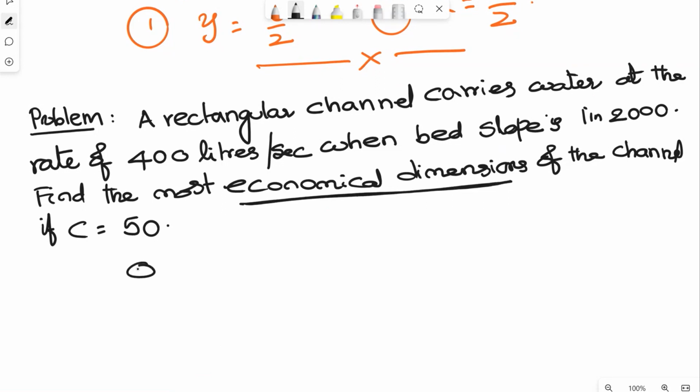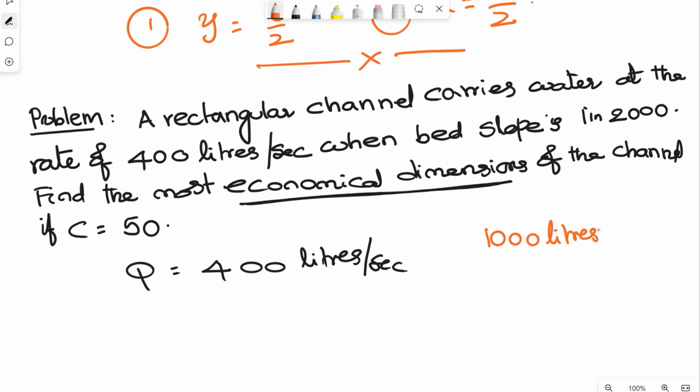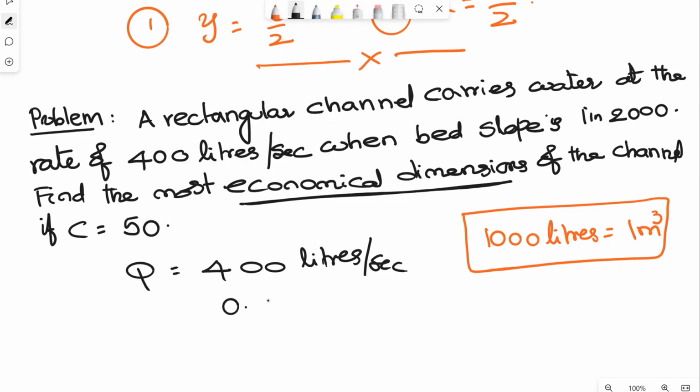So what we will do, let us take Q is equal to 400 liters per second. You already know that 1000 liters is equal to 1 meter cube, and the discharge unit is meter cube per second. So immediately convert that. It will be 0.4 meter cube per second. This is the first one. Then bed slope S is equal to S naught, or S, whatever you call it.